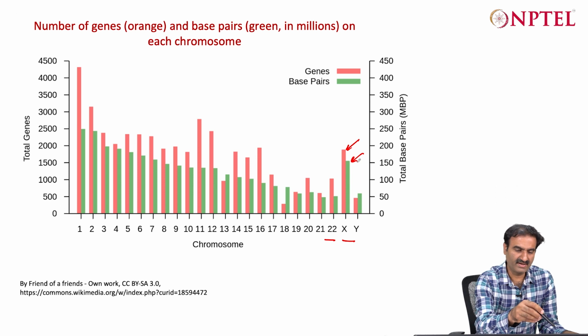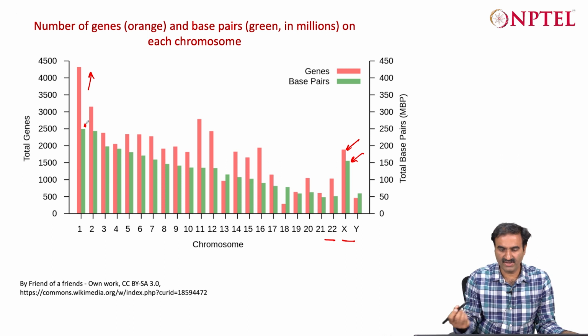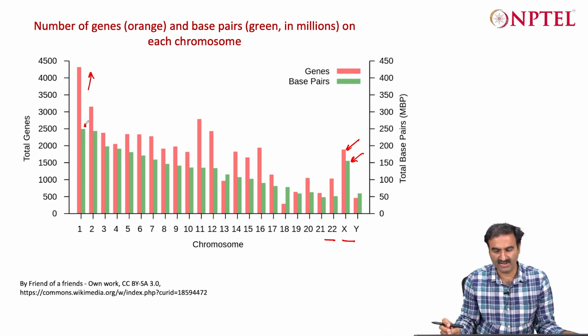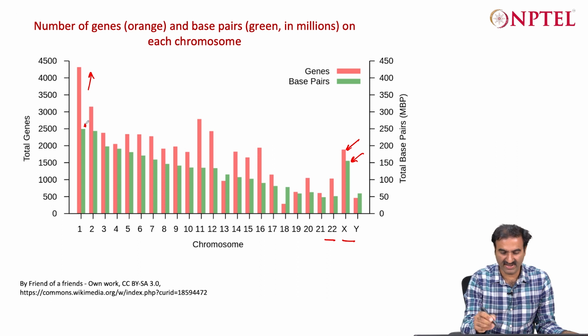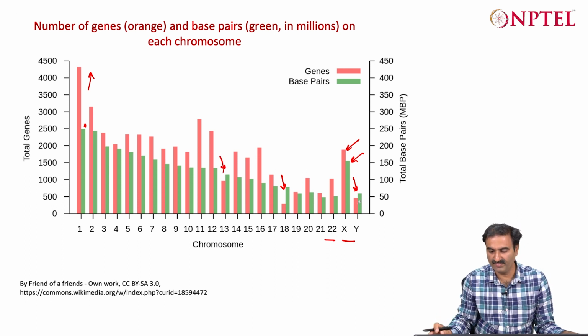Generally the number of genes follows the length of the chromosome, or you can say they follow a pattern, whereas in a few cases, like chromosome 18 or the Y chromosome, it is a different picture. These chromosomes are not very rich in genes; although their length is more, they do not contain the same proportion of genes as the other chromosomes.